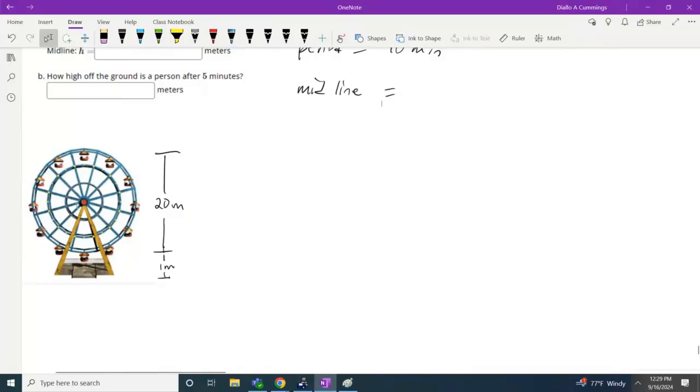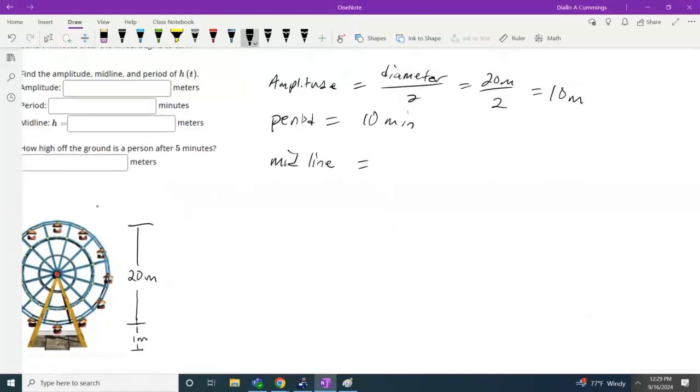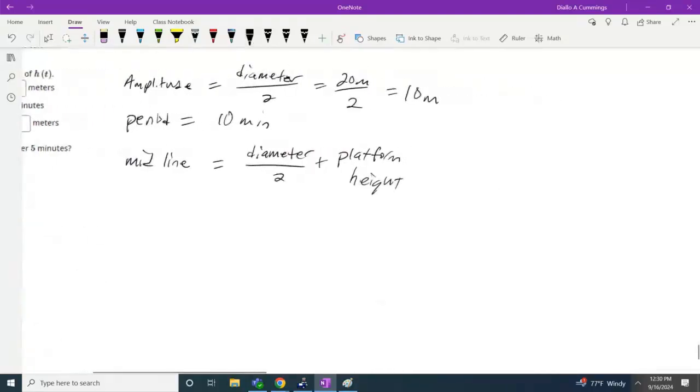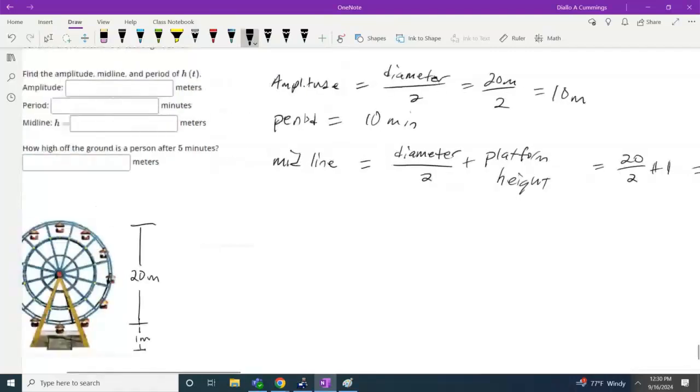So the midline, we're going to take the diameter, cut that in half, which will give us 10, right? But there's a 1 meter rise for the platform that you have to account for. So the midline is going to be the diameter divided by 2 plus the platform height. So that's going to equal 20 divided by 2 plus 1, which should give us 11 meters.